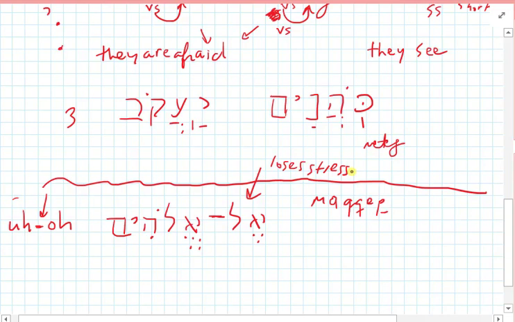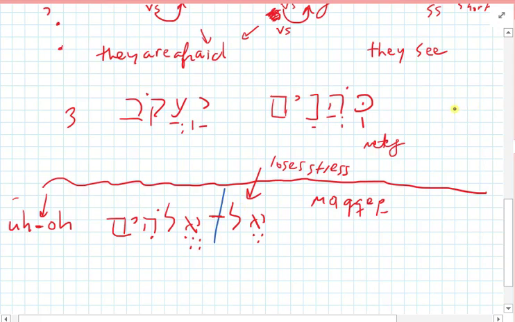Okay? So let's think about dividing this into syllables. If I said, hey, divide el-Elohim into syllables, you can do it. What do you have to know? Well, one of the things you have to know is that anytime you have a makaf, it's part of the word in terms of how you pronounce it. We're going to treat it as all one big long syllabic unit. I'm going to put a dividing line right through the makaf.